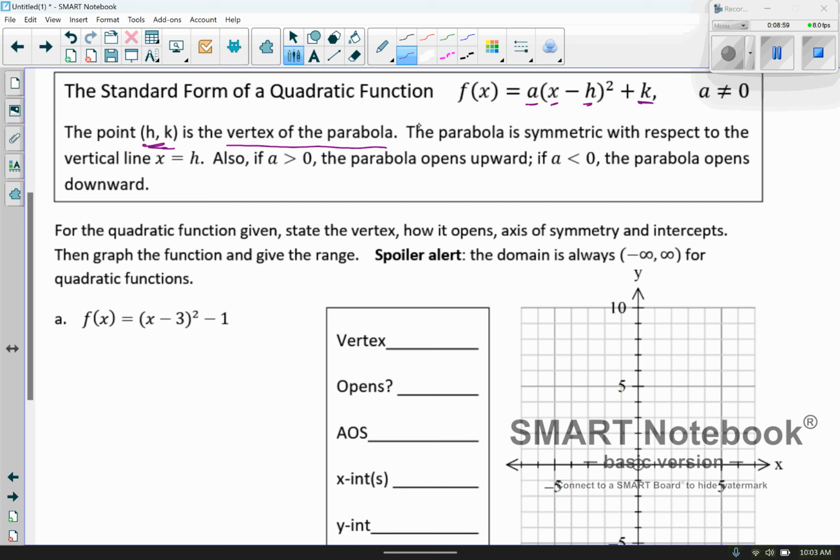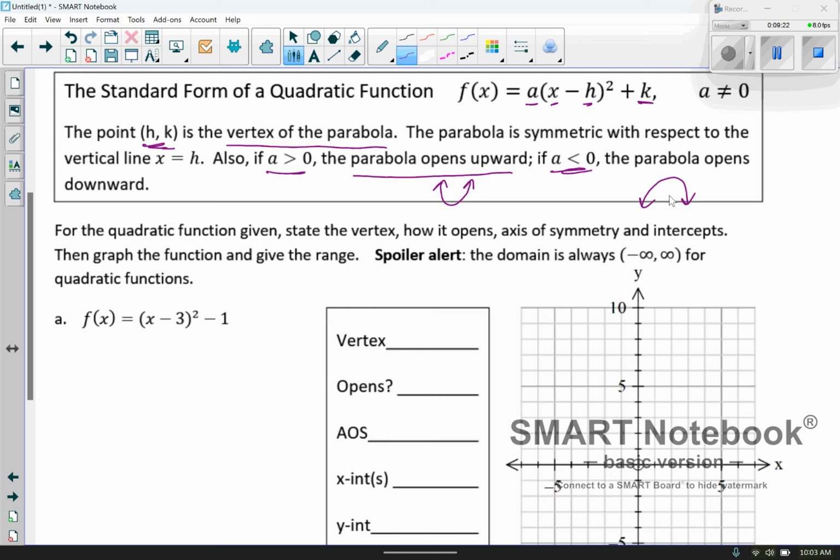We've already seen that from up above. And also, if a is greater than 0, the parabola opens upwards. So it's going to open like this. And if a is less than 0, basically if the front value is negative, that's what I was talking about earlier about a reflection. It's going to make the parabola reflect down to where it's going to open downward.